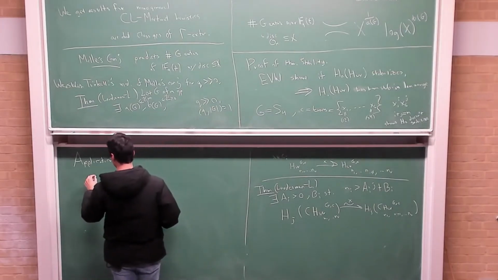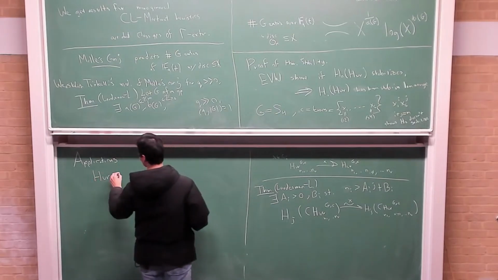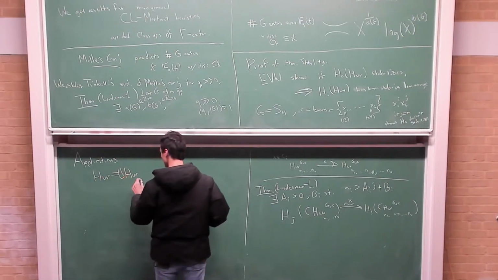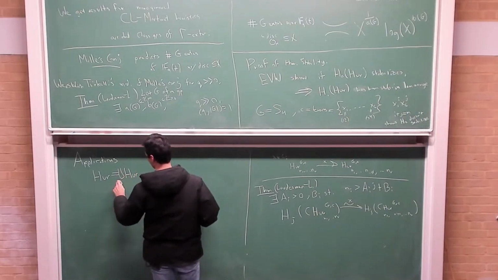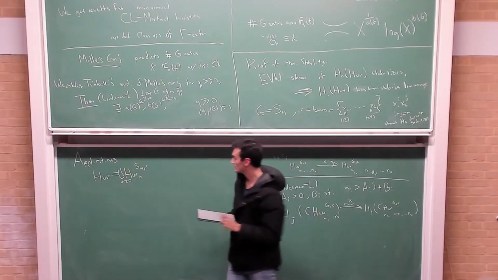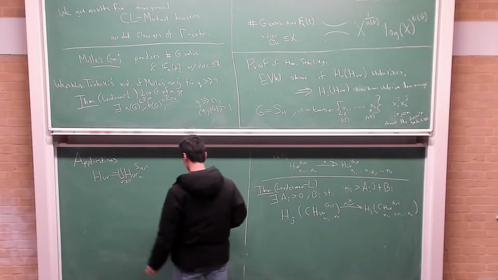Let's take, I'm just going to use Her to refer to the union of all these Hurwitz spaces over n for this symmetric group and this conjugacy class, to simplify the notation.